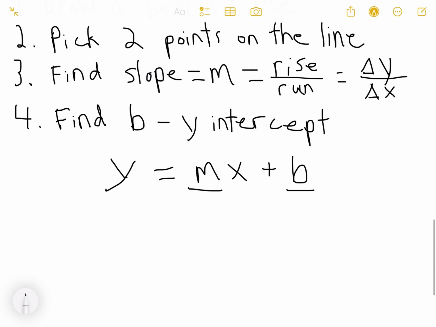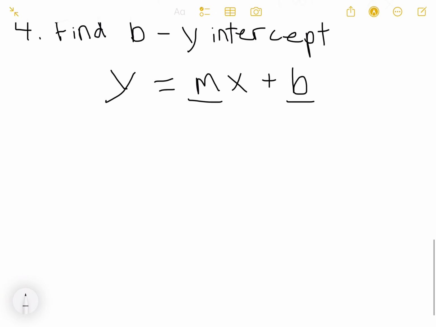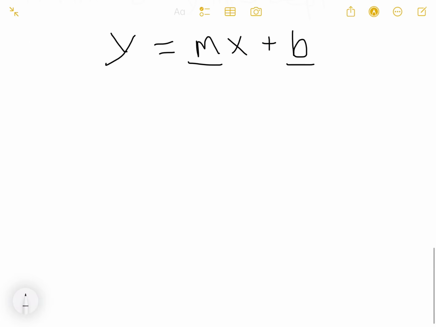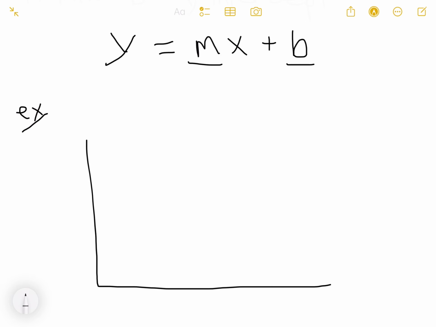Well, let's just keep this in mind. Let's just make up something. If I have an example, and I love weather, so maybe I can make up a weather example here. If I have a graph here, and I have these tick marks, this is temperatures maybe.